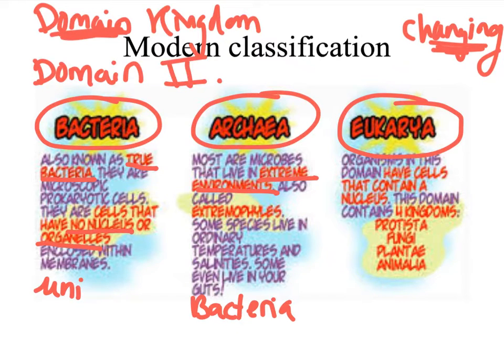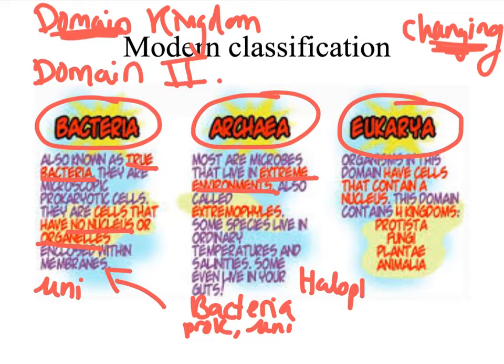So they too are prokaryotic, no nucleus, and they are also unicellular. So they would look a lot like this group, except they live in extreme environments. So we have things like halophiles. You may remember halite, which is a salty mineral. They live in extreme salt. We have thermophiles. They live in extreme heat.